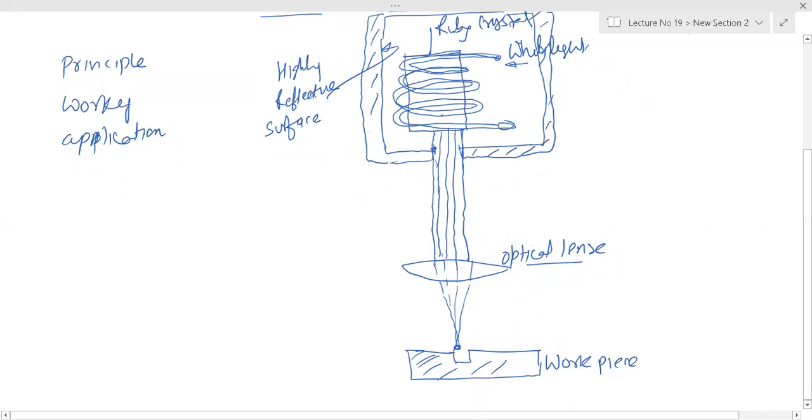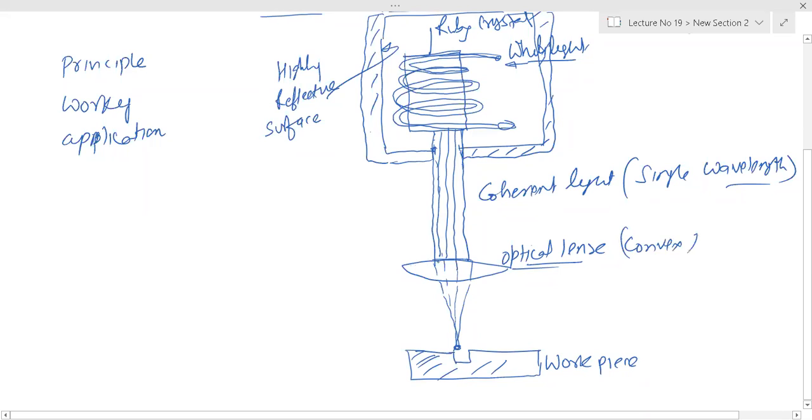So the process is very simple, right? The xenon tube is there where we pass the white light, and when the light falls on this ruby crystal, the ruby crystal gets energized and it emits coherent light. Coherent means a single wavelength light, and we use an optical lens, that is your convex lens.